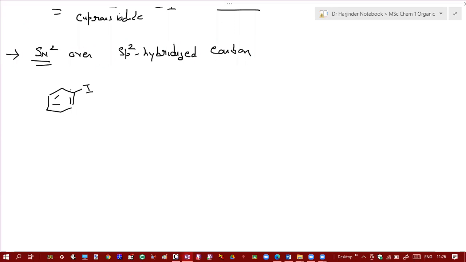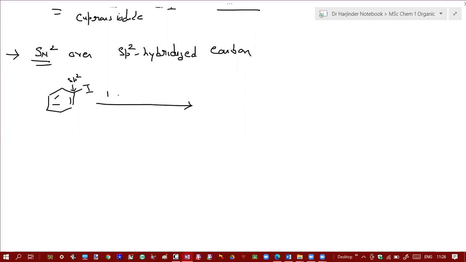Now this carbon is sp2 hybridized, and if you want to replace this iodide with some nucleophile, it is not possible with any other reagent. But this can be done with the help of Gilman reagent.